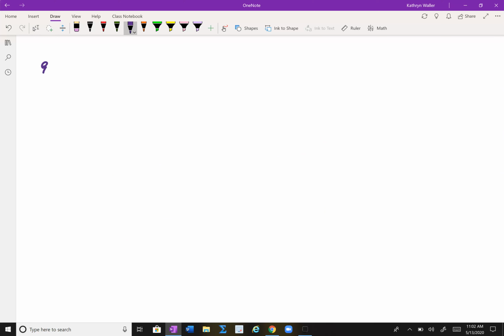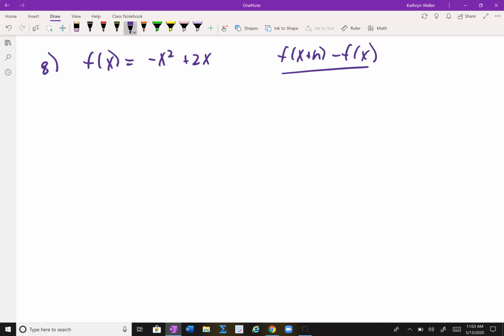So number 8, I think that if this is on your final, they're not going to actually have you find it. I think they're just going to ask you to set it up. So I'm going to set it up, and then I'll actually do it because that's what it's asking. But I just don't think that's going to happen. So f of x plus h means put x plus h there and x plus h there.